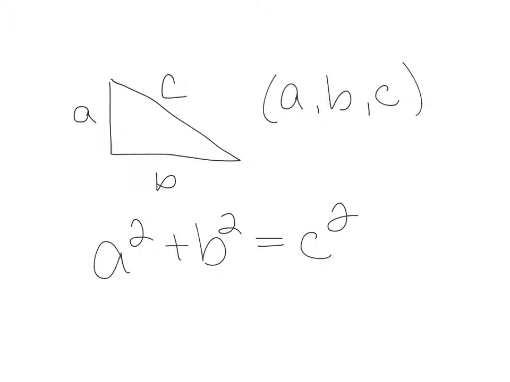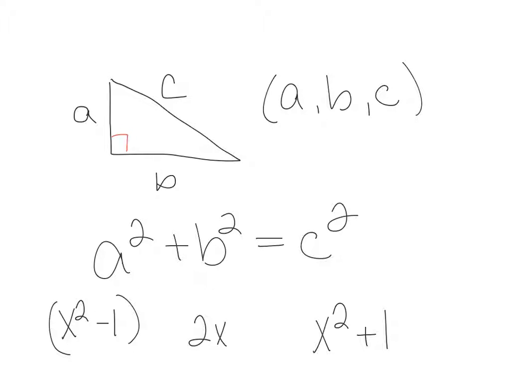And to remind you of the example we just used, I had x squared minus 1, 2x, and x squared plus 1, which gave me 3 integers that satisfy the Pythagorean theorem.